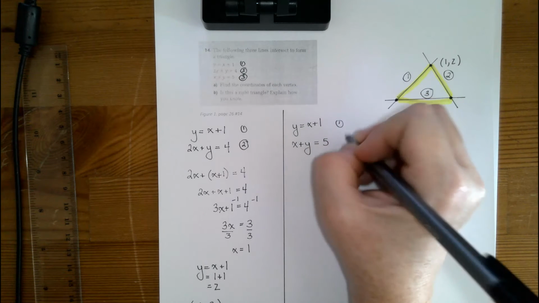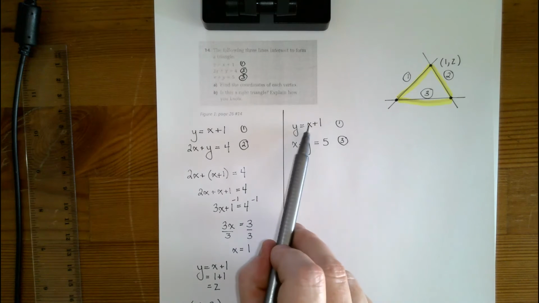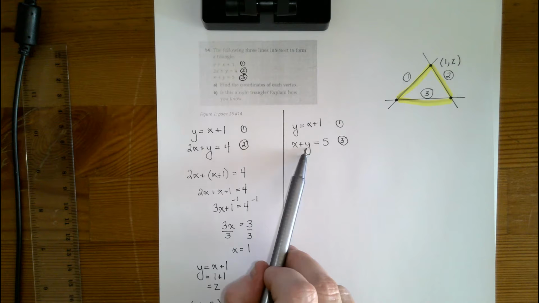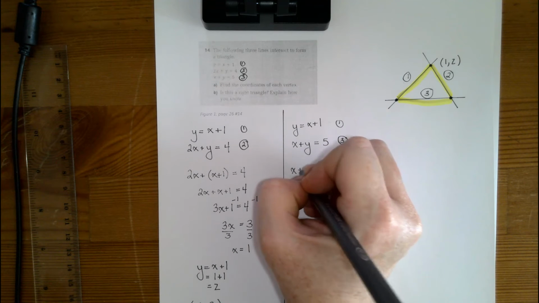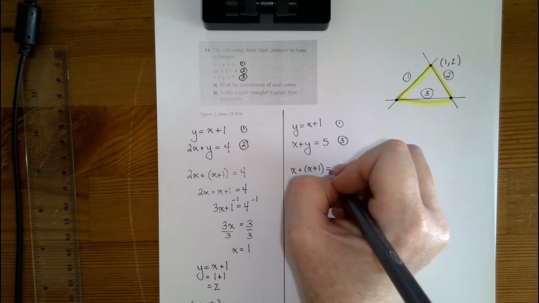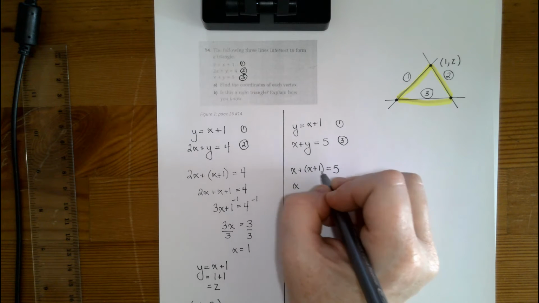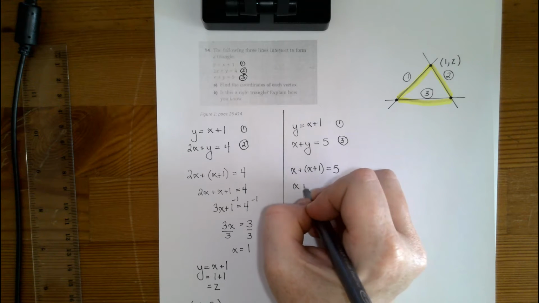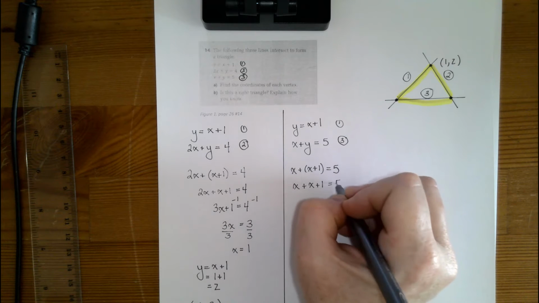I'm going to substitute x plus 1 for y into line 3 and solve this one. So I have x plus (x plus 1) equals 5.